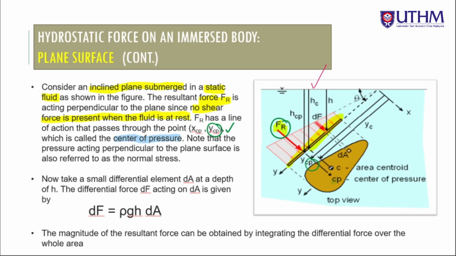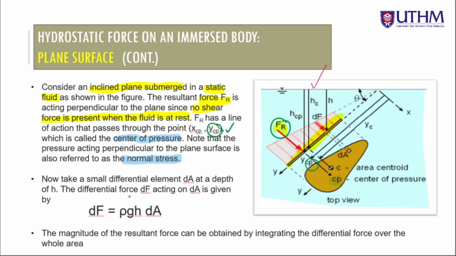Ini maksud dia resultant force yang dikenakan ke atas this plane adalah pada kedudukan CP, center of pressure, bukan center of area of centroid. Jangan confuse. Okay. Note that the pressure acting perpendicular to the plane surface is also referred to as normal stress. Okay. Pressure yang dikenakan ke atas this plane is also called a normal stress.